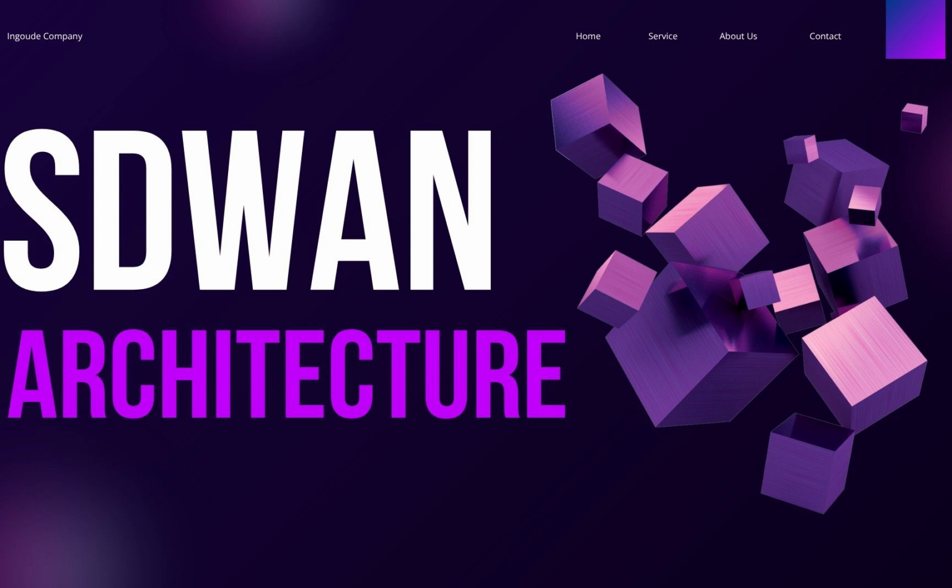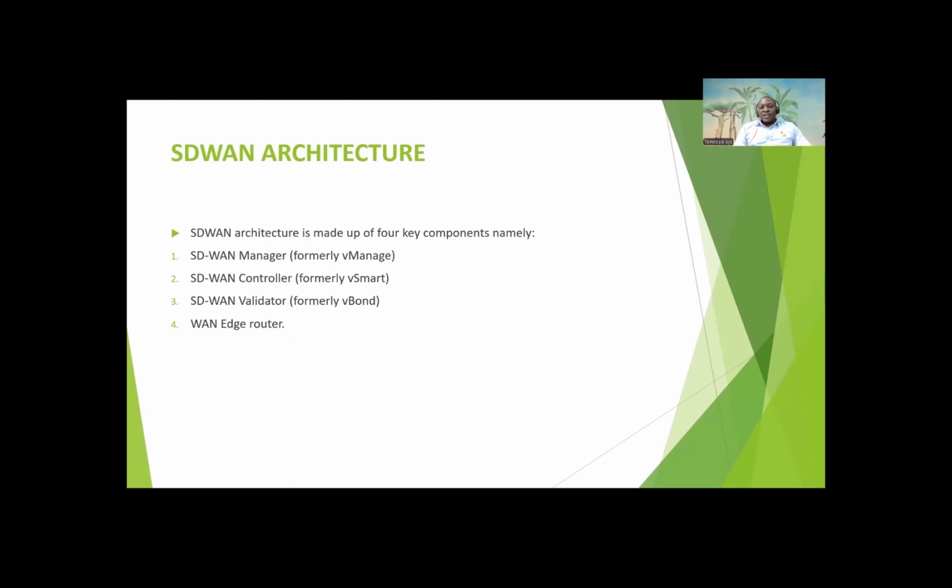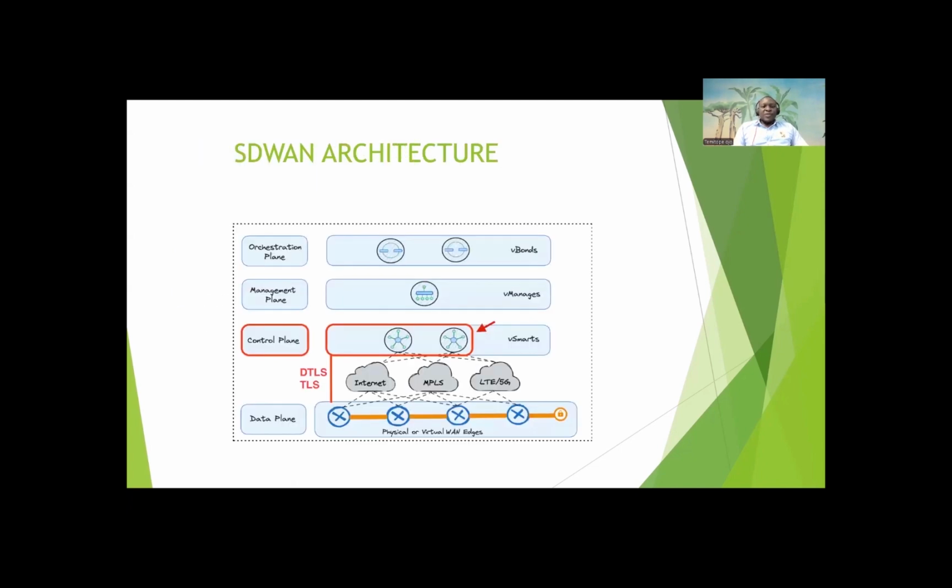So let's go to SD-WAN architecture. For SD-WAN architecture, it's made up of 4 key components. These key components are SD-WAN manager, formerly called vManage, SD-WAN controller, formerly called vSmart, SD-WAN validator, formerly called vBond, and we have our WAN edge routers, known as the V edges.